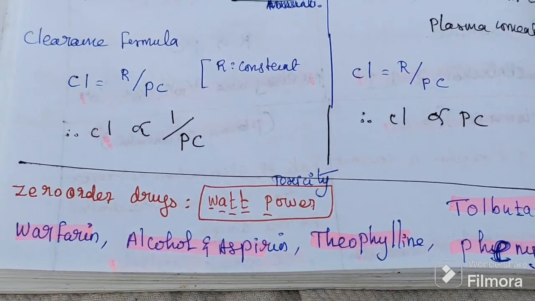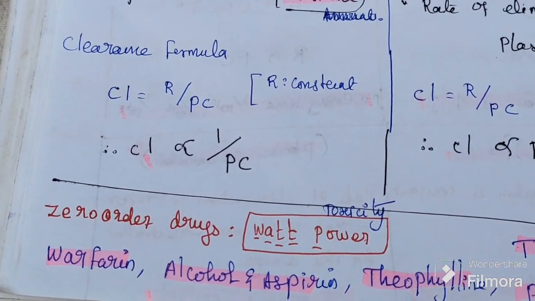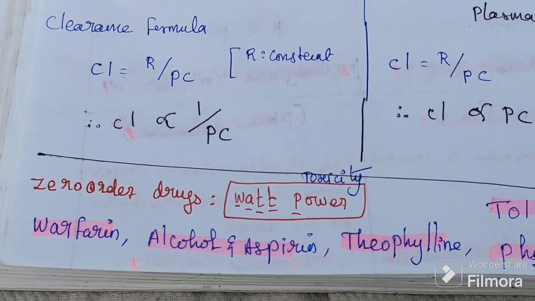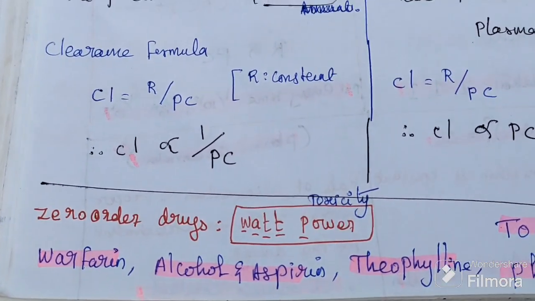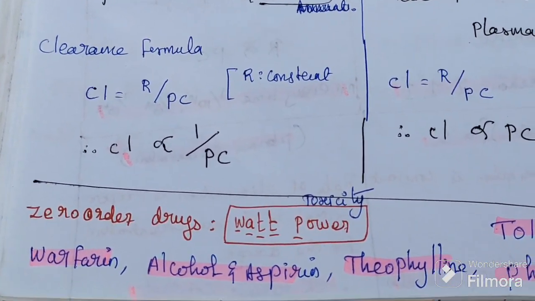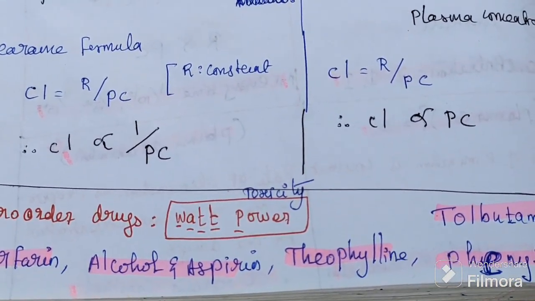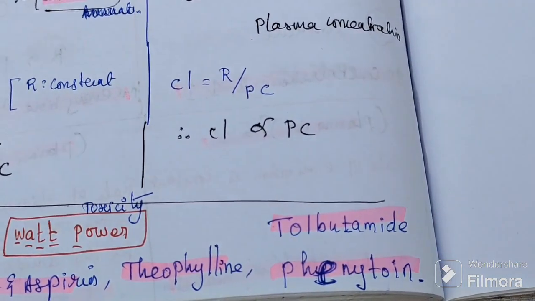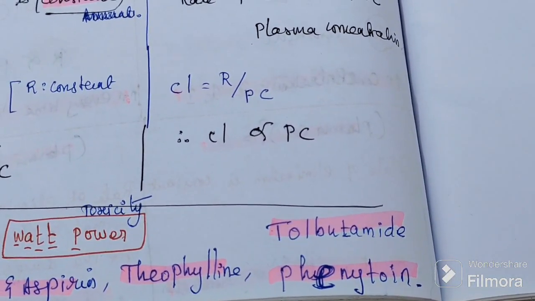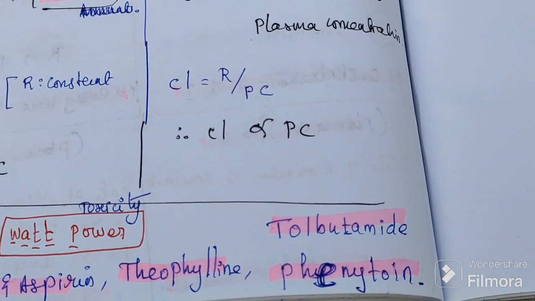What is the mnemonic? Watt power. So this is the mnemonic for the list of zero order drugs. What are the drugs? Dangerous drugs: warfarin, alcohol, aspirin, theophylline, tolbutamide, phenytoin.